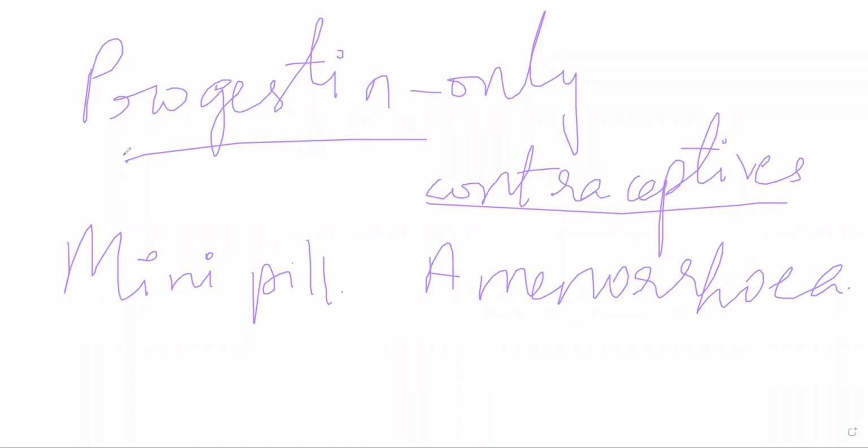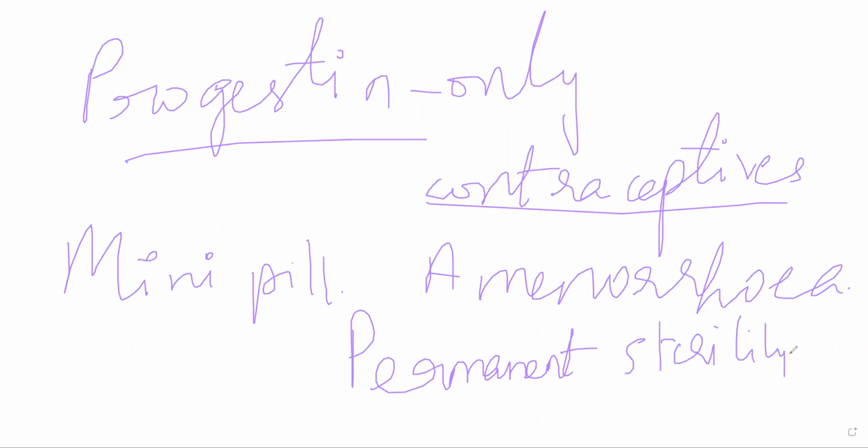It can lead to permanent sterility. Okay, very, very important. It might lead to permanent sterility, and it might lead to disruption of the menstrual cycle. The menstrual cycle will be disrupted mid-cycle or somewhere along the lines. Okay, it'll essentially confuse your body.